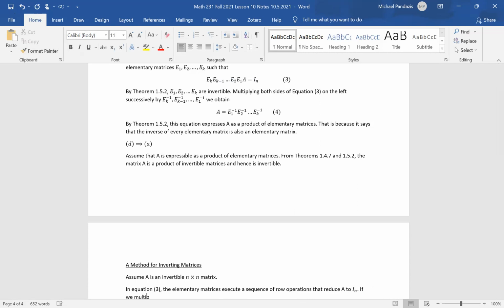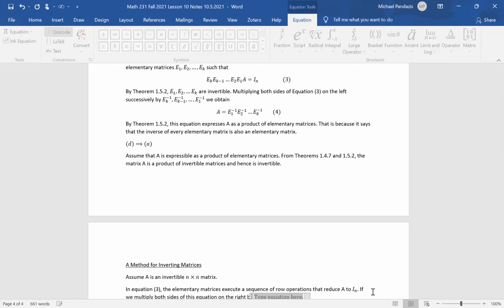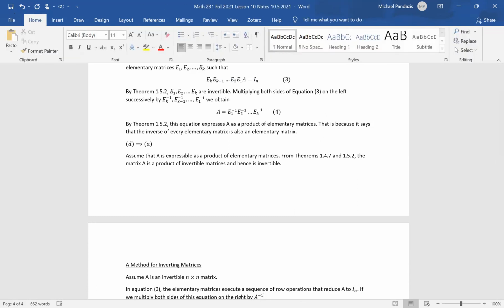If we multiply both sides of this equation on the right by A inverse and simplify, we obtain: we're going to multiply this on the right by A inverse and this on the right by A inverse.